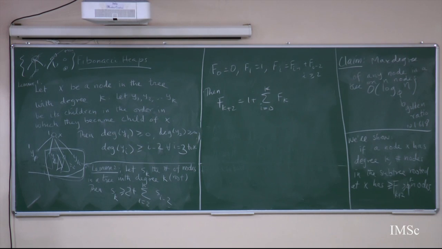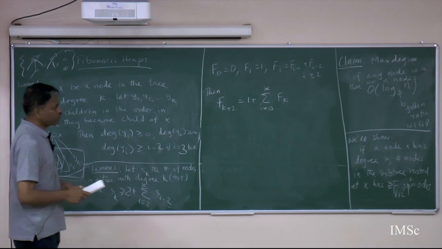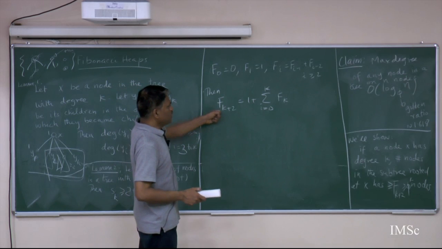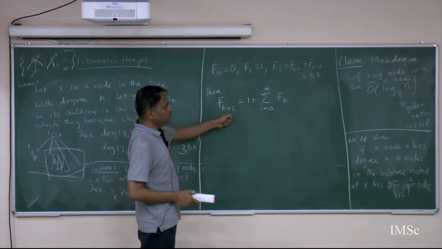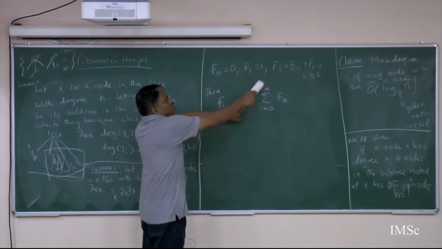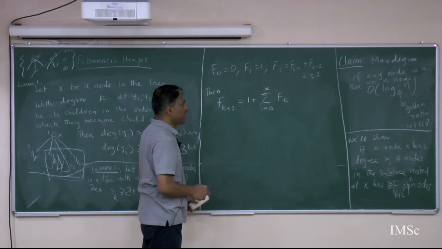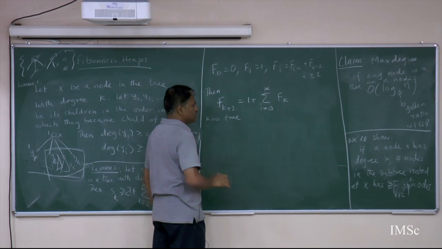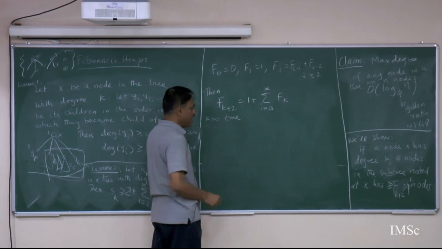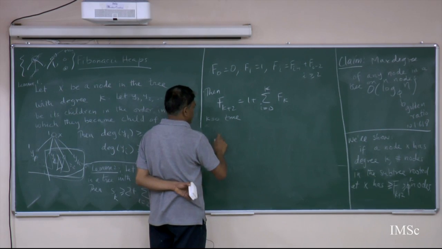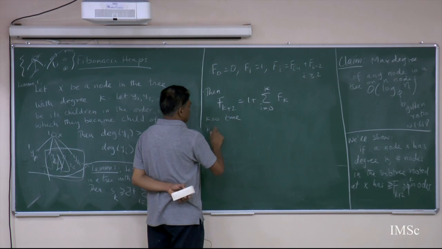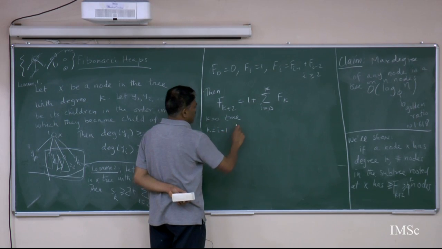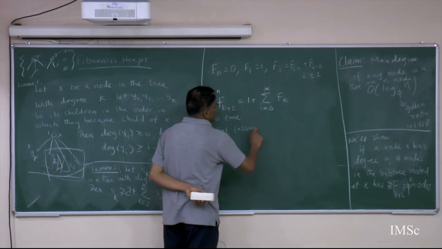Right? For k equal to 0, F2 is 1, and the sum is 0 plus 1. So at least it's true for k equal to 0. That's the base case. Assume it's true up to some k, and to try for k equal to i plus 1, assume it's true up to i.